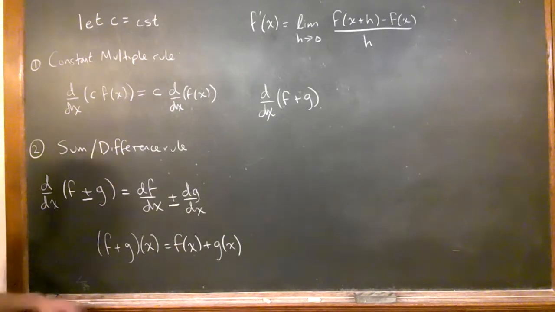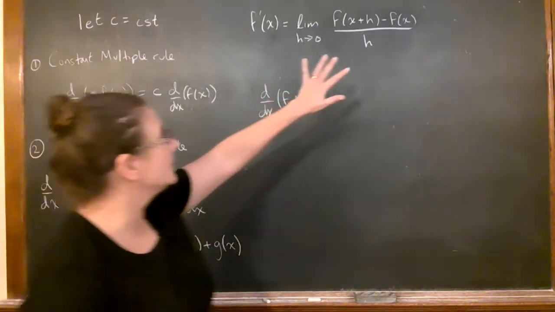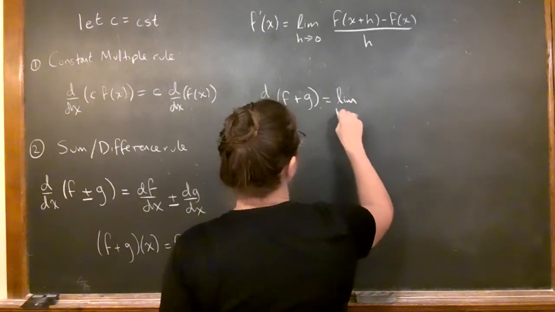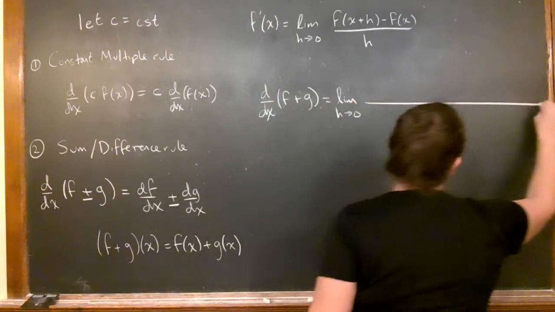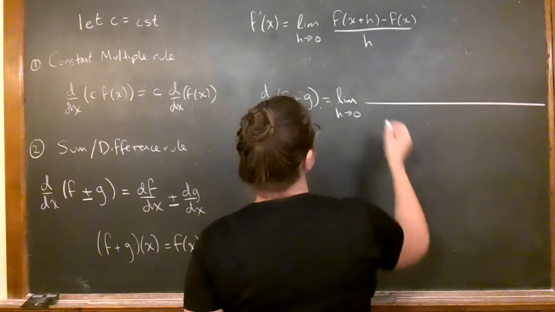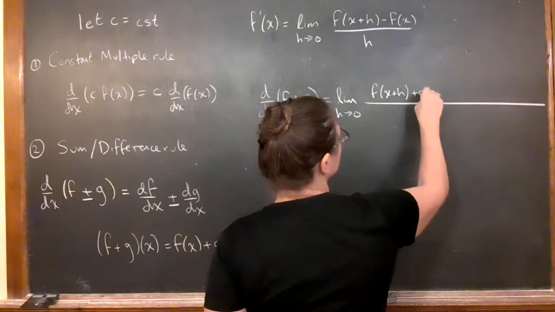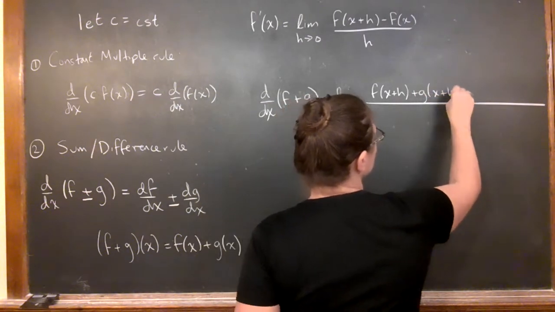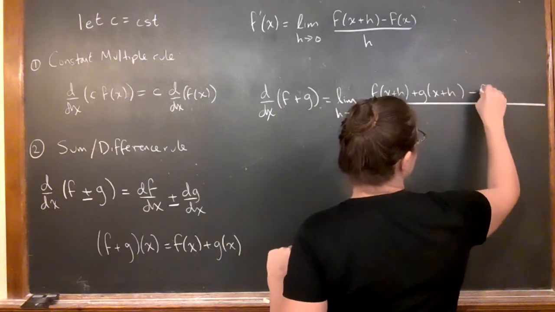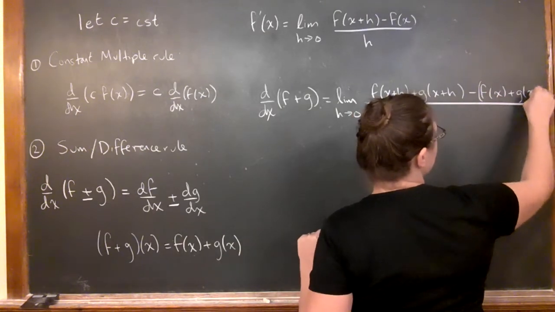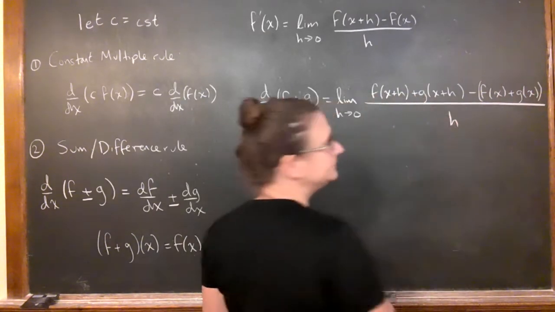So if I'm going to put that into here, I hope I have enough space, right? I'm going to have f of x plus h plus g of x plus h minus f of x plus g of x all over h.